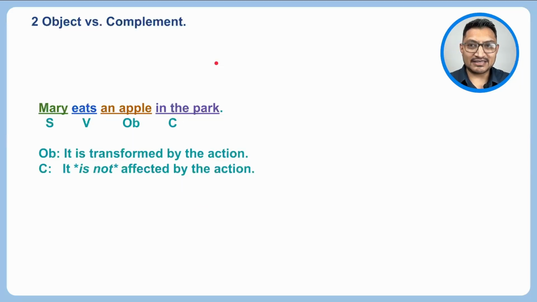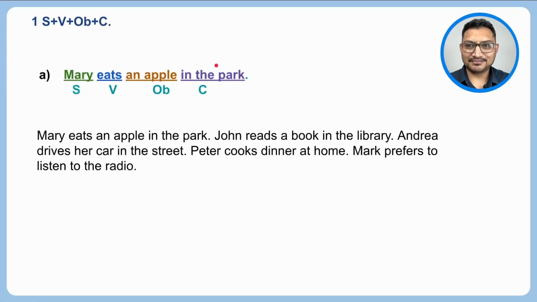That takes us to the next part. Whenever you finish this sequence, subject, verb, object, complement, you always finish with a period. For example, Mary eats an apple in the park, period. And then I start a new sequence.